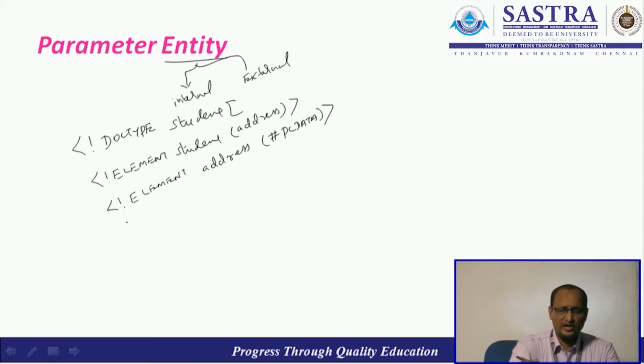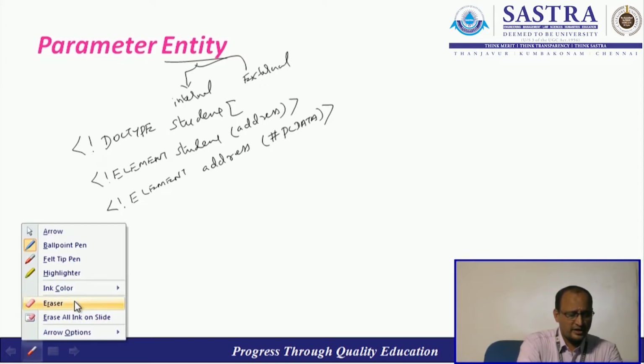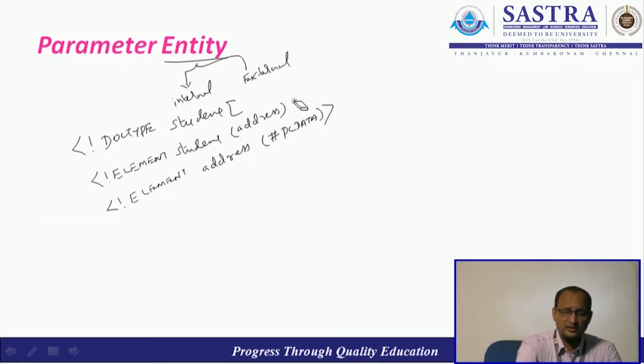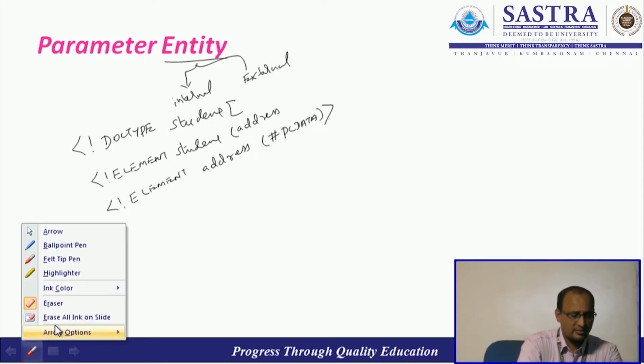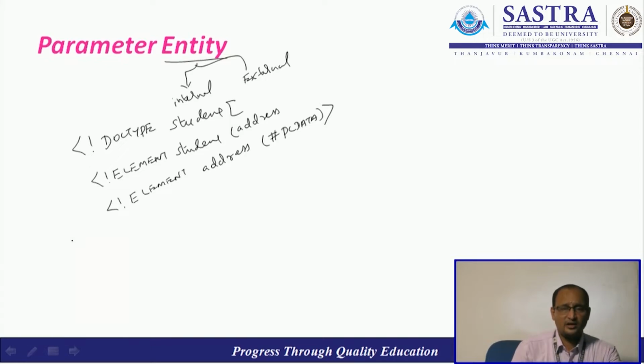Now if I want to define any more structure by using the same definitions, actually we are reusing existing definitions. Say for example, student address as well as personal info, we have for a student.